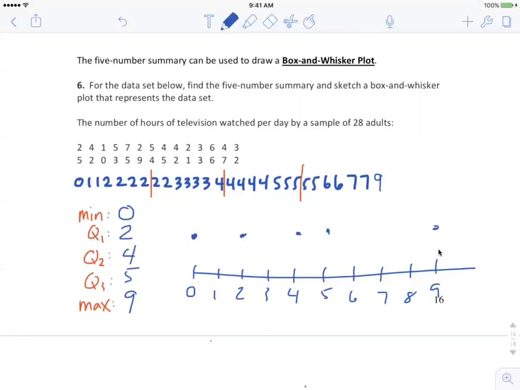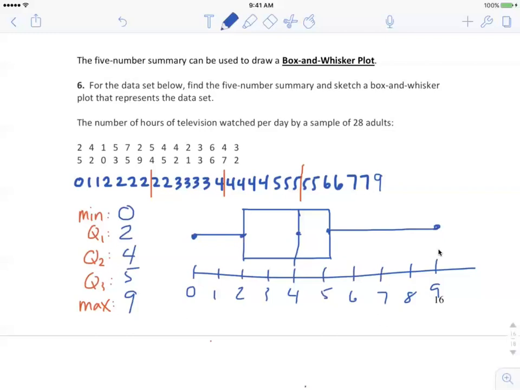Okay, and then there's a whisker from the minimum to Q1. And then the Q1 is where the box starts, and it ends at Q3. Then there's a line going through the median. And then there's a whisker all the way to the max. Okay, so that's a simple box and whisker plot and how they look.